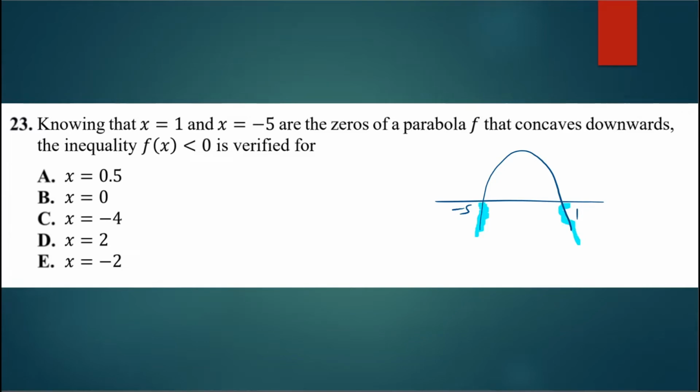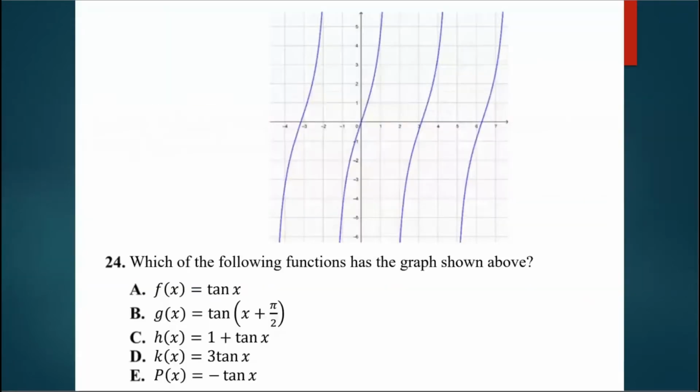Okay. Do you have any value here that is less than -5? No. More than 1? Yes, I have only D. So for sure, f of 2 will be negative. So f of 2 is less than 0. It's a tangent function.